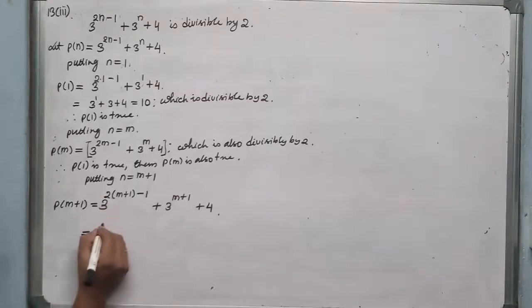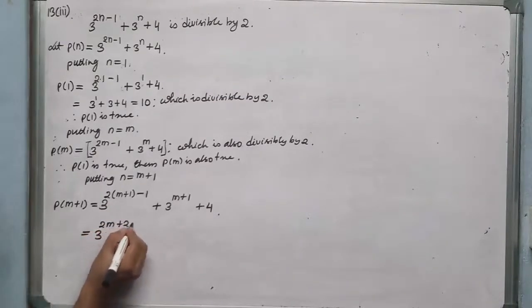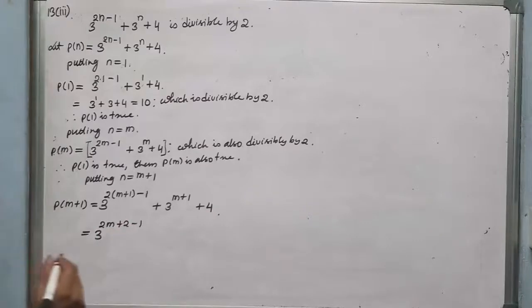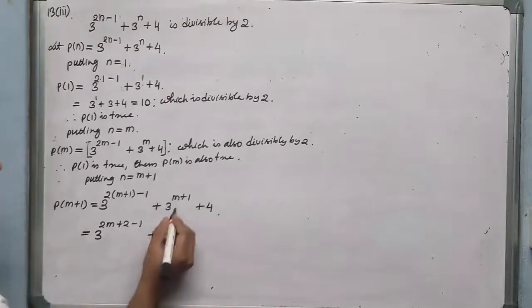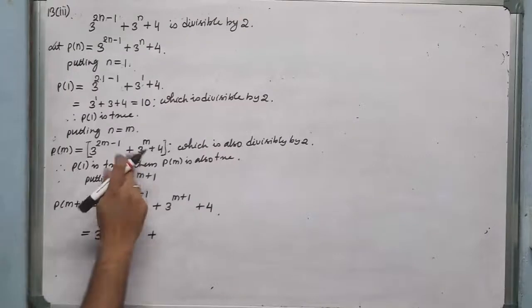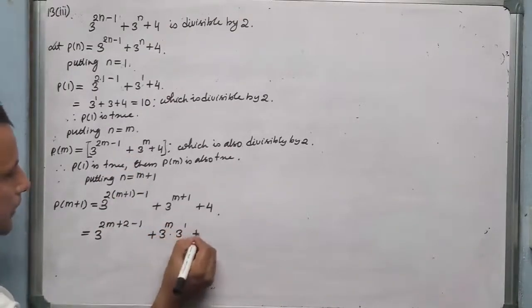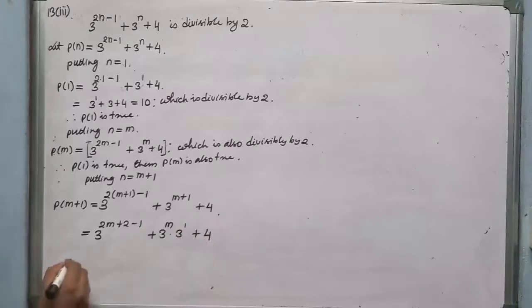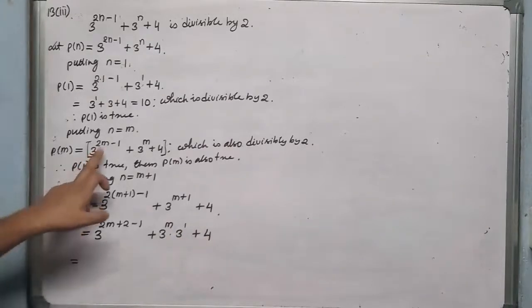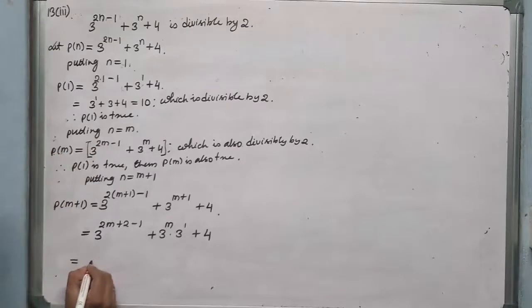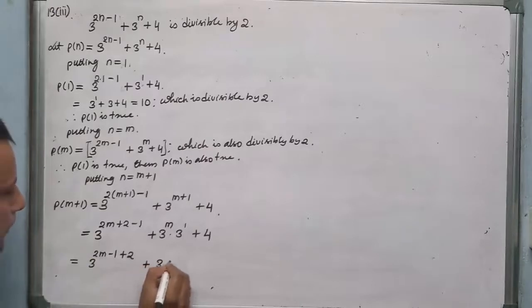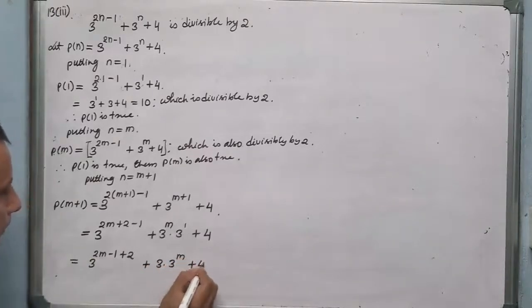Opening the bracket, it is 2m plus 2 minus 1, plus 3 to the power m plus 1. What we require is 3 to the power m only. Then we can write 3 to the power m into 3 to the power 1 plus 4. Now what we require is 3 to the power 2m minus 1. Then I'll write 3 to the power 2m minus 1 plus 2, plus 3 into 3 to the power m plus 4. This calculation is a little bit tough, try to understand.